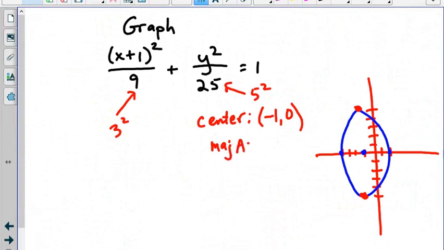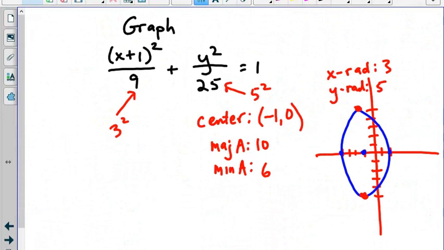The major axis has length 10. The minor axis has length 6, because 5 times 2 is 10 and 3 times 2 is 6. The x radius is 3 and the y radius is 5.